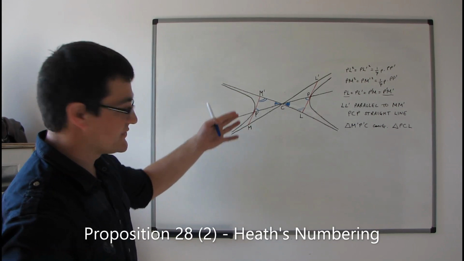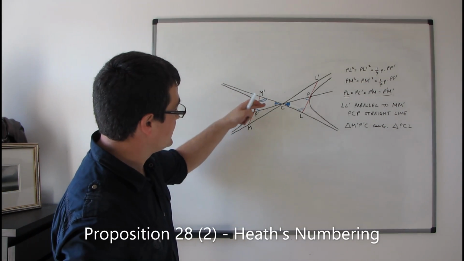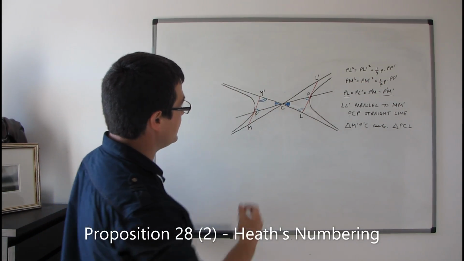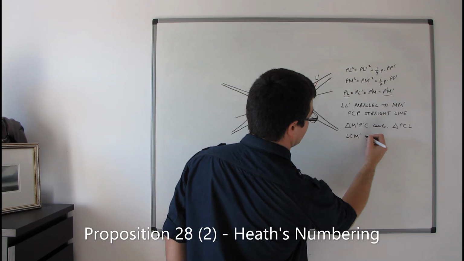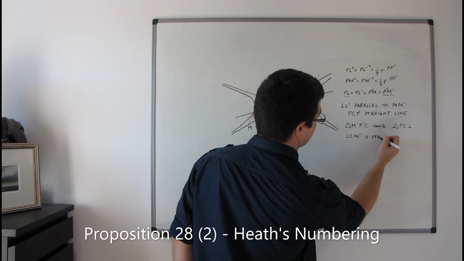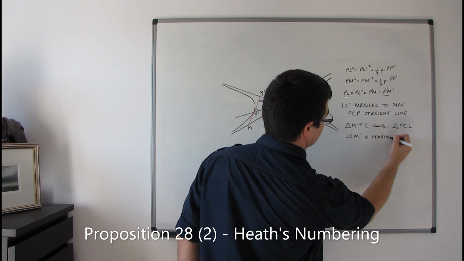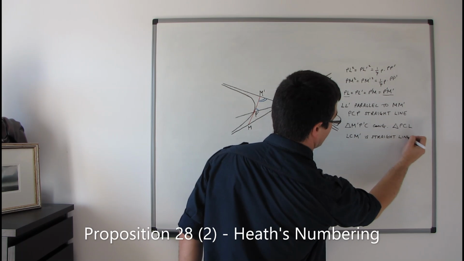So what that proves then is that the line L C M primed is a straight line.